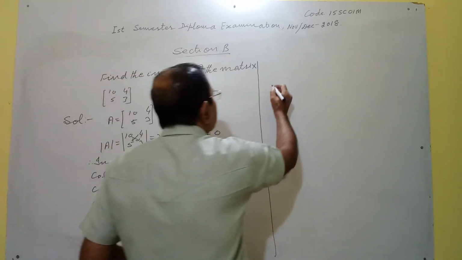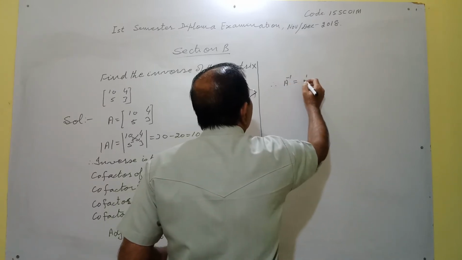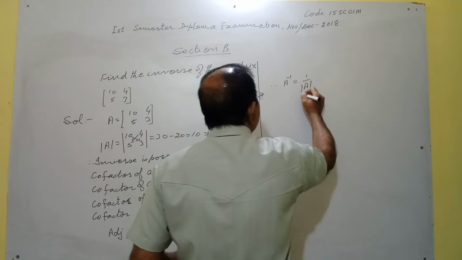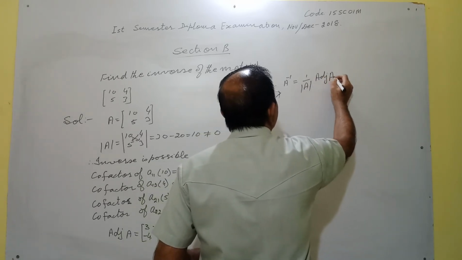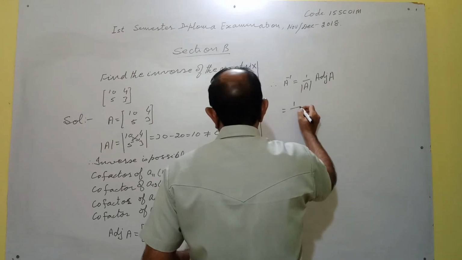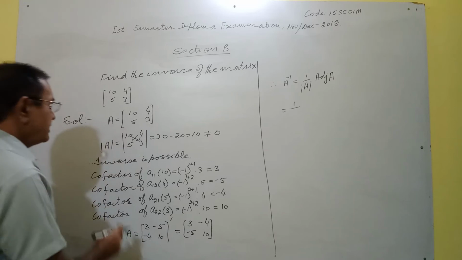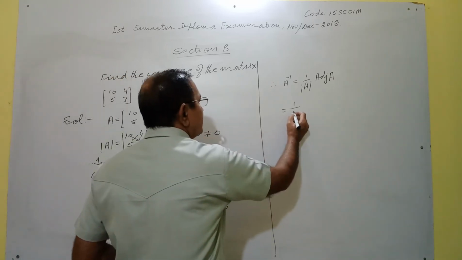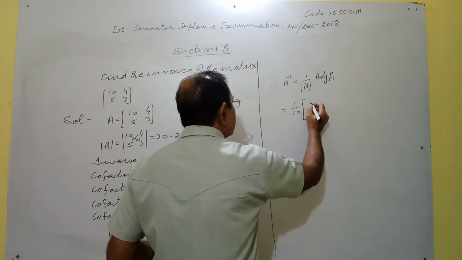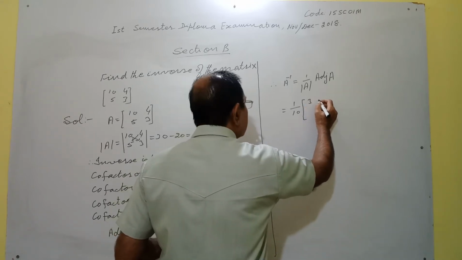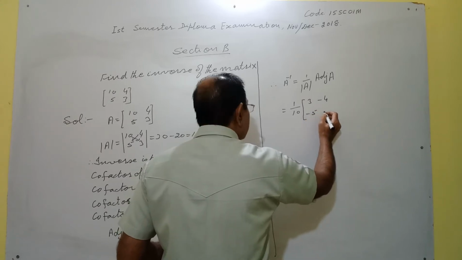So therefore A inverse equals 1 by determinant of A into adjoint A. Determinant is coming out to be 10 and adjoint A is 3, minus 4, minus 5, 10.